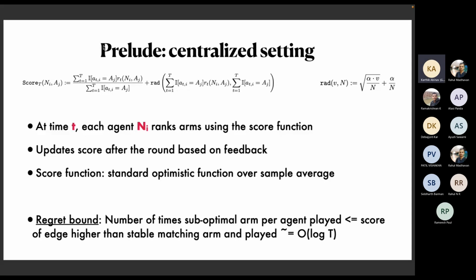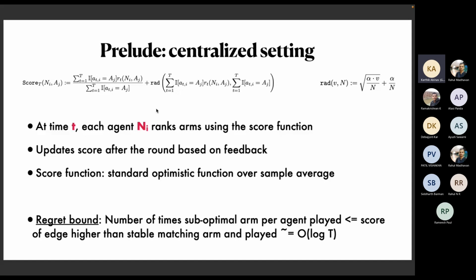So at each time step t, each agent just ranks its arms by the UCB function. I wrote down what the UCB function looks like in case people haven't seen it before. This is the mean reward, and this is the deviation term based on the number of samples used to get the reward.